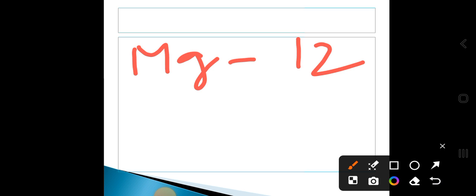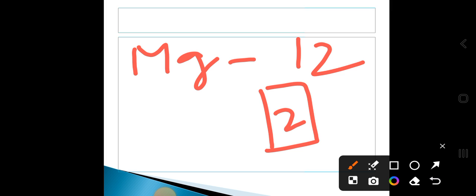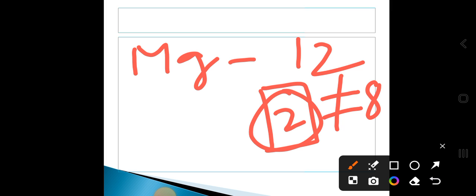If I arrange the electrons, just observe the last, it will be having 2 electrons in the valence orbit. Now is this 2 equal to 8? Definitely not. So what will magnesium do?